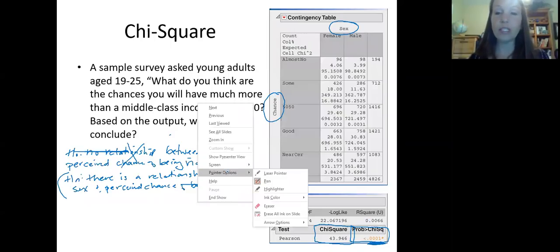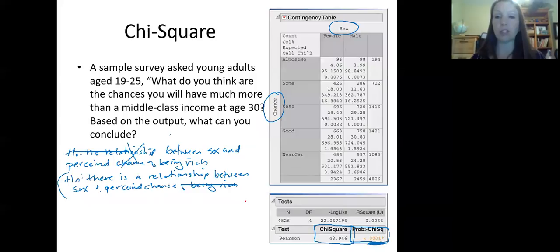Okay, so we need to now look back at the table and try to figure out what is going on here. Anytime you have a table that's outputted from any statistical package, including Minitab, they're going to give you a key somewhere that tells you what they're giving you in the table. This key up here tells us that the top number is the observed count.